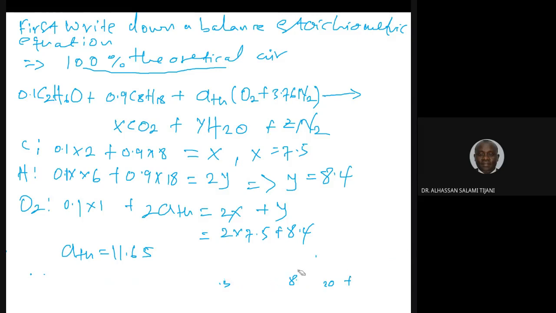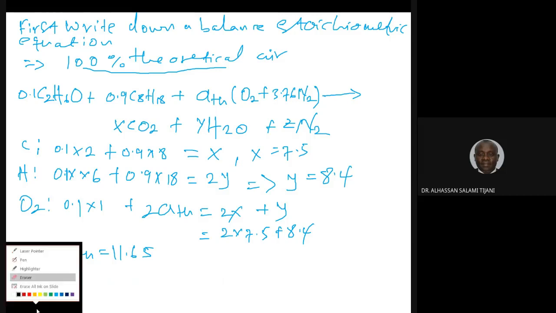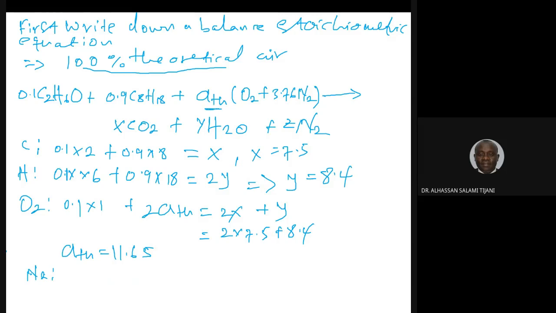So for nitrogen, that is N2. We have already calculated 11.65 times 3.76 times 2.